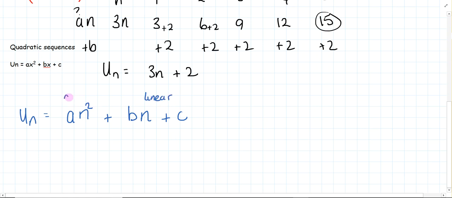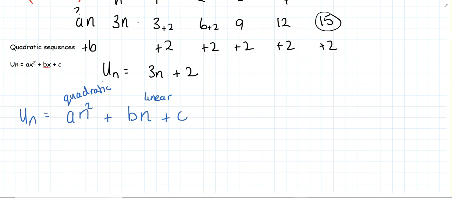We've got to work out our quadratic bits. How do we find out the quadratic bit? Use a quadratic formula? What do you mean by quadratic formula? Like minus b plus minus the square root. Actually, we don't.